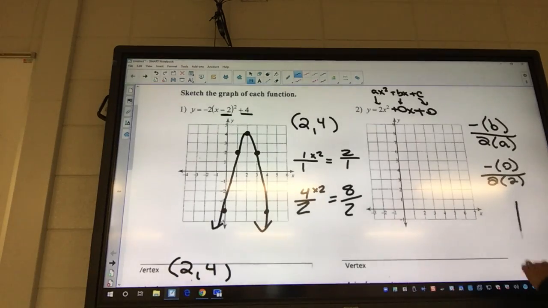Okay, so on our XY chart, the first one is 0. If you plug 0 into the equation above, what are you gonna get? 0. So the vertex is gonna be at 0, 0. And we pick 2 more points. What do you want to pick? 1 and 2. If you plug 1 in there, what are you gonna get?